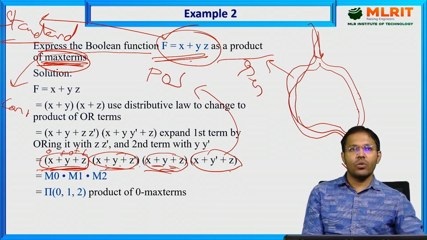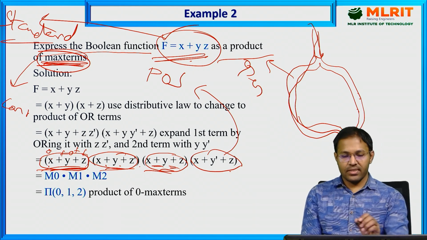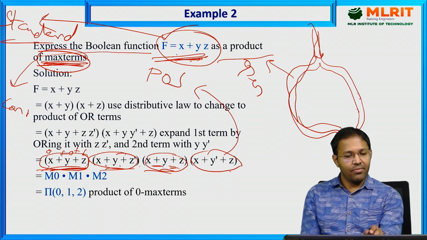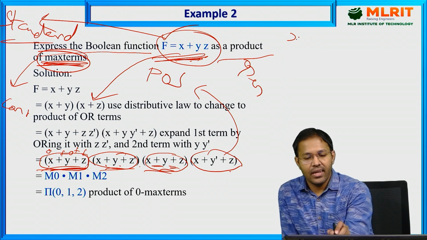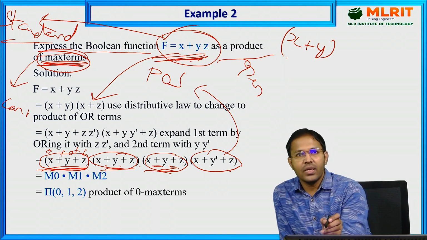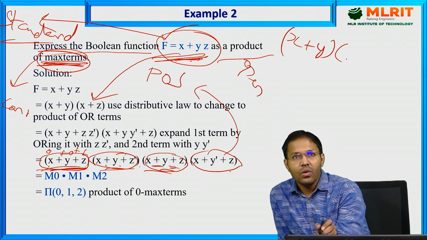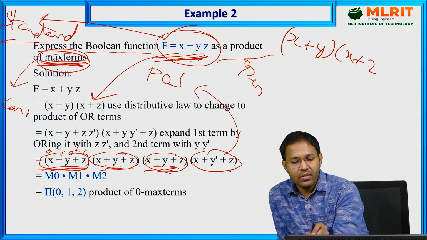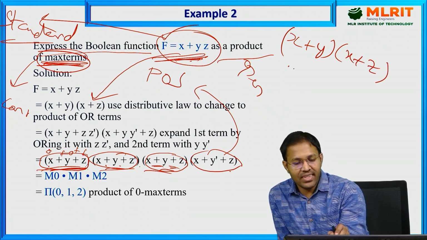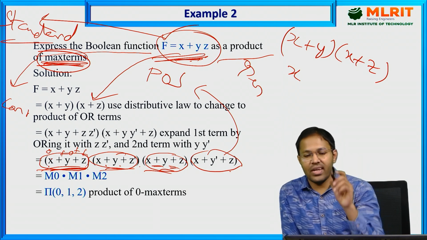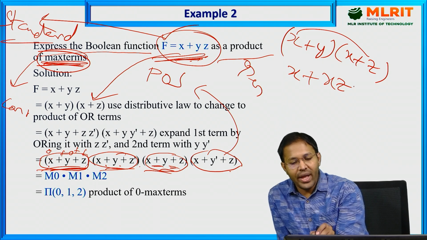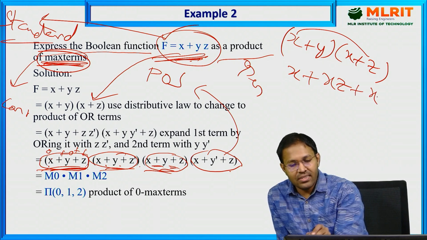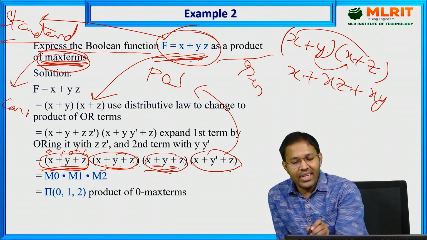So now how to convert this? First, we need to reduce this into this form. How can we do that? Suppose let us take x plus y into x plus z. What do we have? X into x gives us x. X into x is x, we have already seen. Then x into z gives us xz. Y into x gives us xy, and y into z gives us yz.